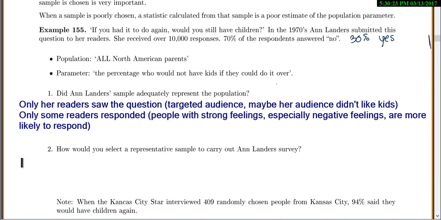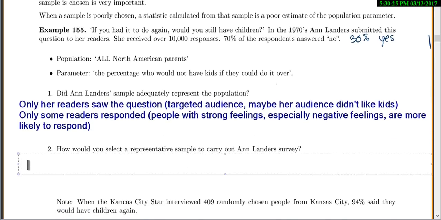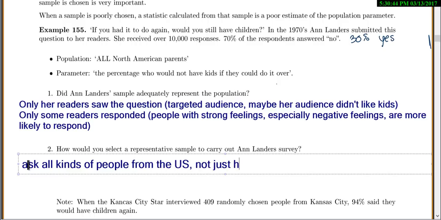So how would we select a more representative sample to carry this out? Okay. What we'd want to do is we want to ask all kinds of people from the U.S., okay, not just her readers.